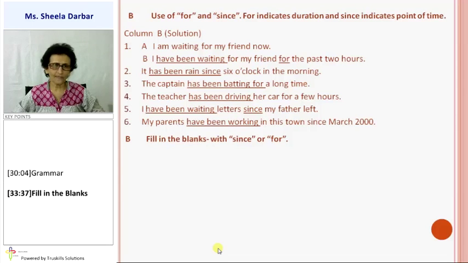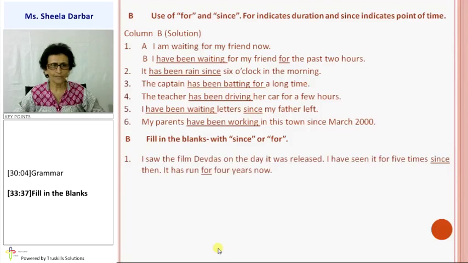B part of it, fill in the blanks with since or for. First one, I saw the film Devdas on the day it was released. I have seen it 5 times since then, meaning since its release I'm still watching it. It has run for 4 years now.